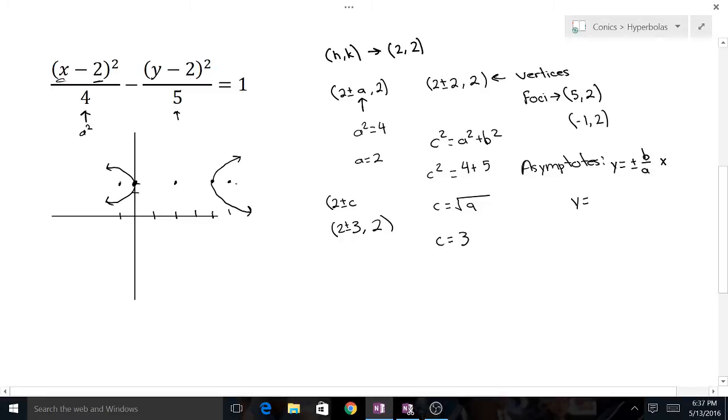So y equals, well, the b is the square root of 5, because b squared equals 5. So b equals square root of 5. And remember, plus or minus. And then a squared is 4, so a is 2, times x. So those are our two asymptotes. So they'll be going something like this.